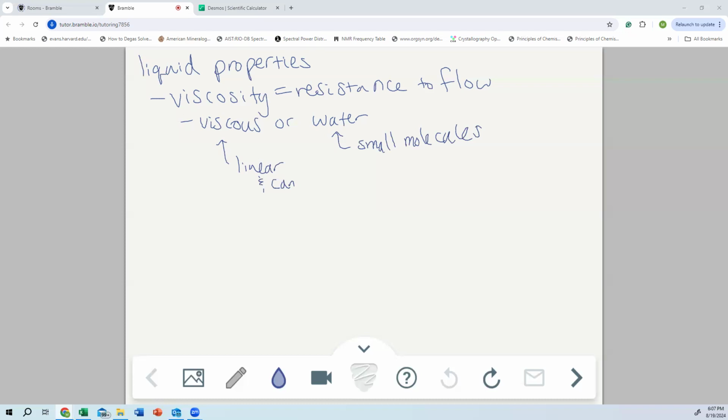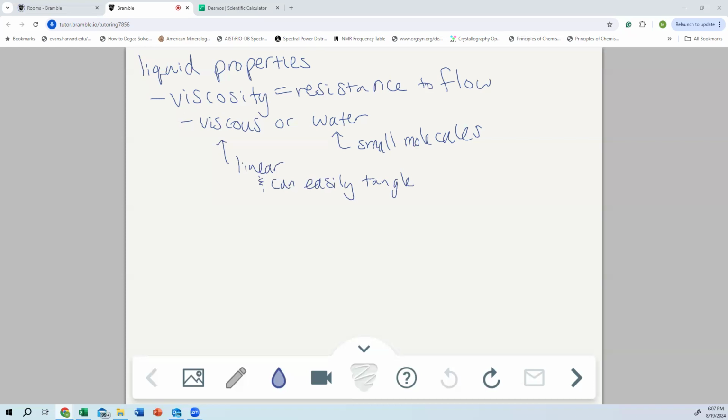And then after that, we start to look at intermolecular forces. So honey, for instance, is a long molecule, but it has a lot of OH groups in it. So it has a lot of hydrogen bonding. So it has hydrogen bonding in addition to being a kind of linear structure.